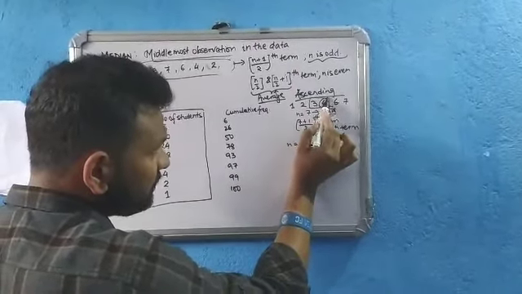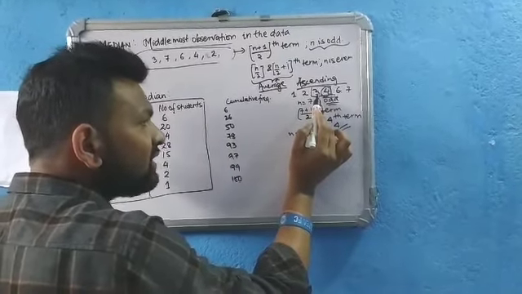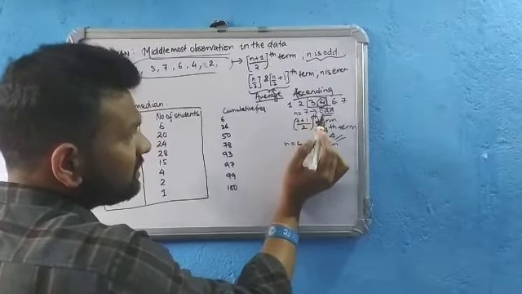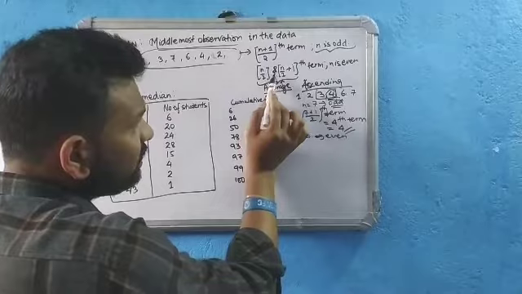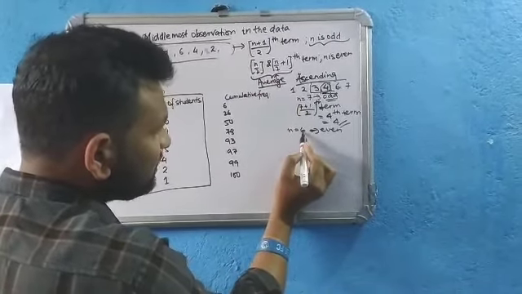We have two terms in the middle. Middlemost means it has to be the average of 3 and 4, obviously the average of these two terms. So the median will be the average of the n by 2th and (n by 2 plus 1)th terms. How many terms are there? 6.